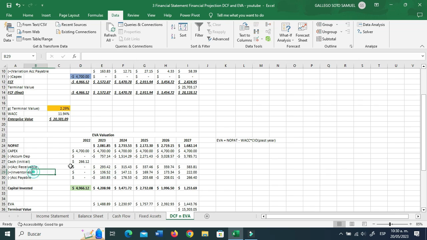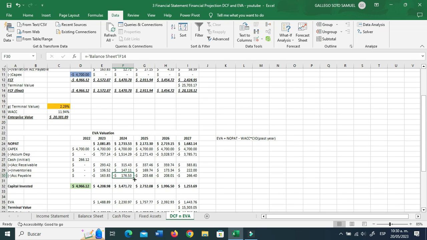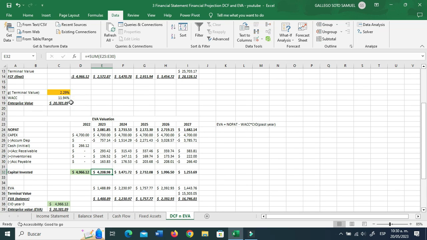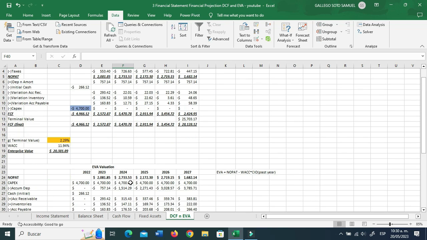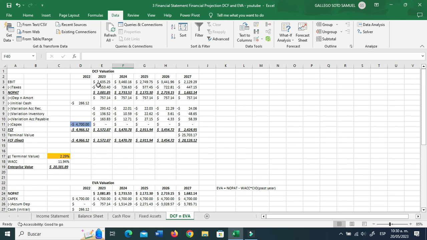But there are some subtle differences here, because as you can see in the discounted cash flow, you use a difference. This is how the variation works. But in the economic value added, you put the whole thing, you're using the whole value for the accounts receivable, inventories, and accounts payable, and that's going to be multiplied by the WACC.